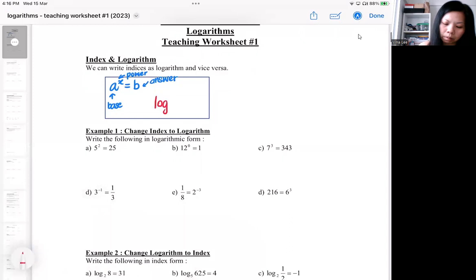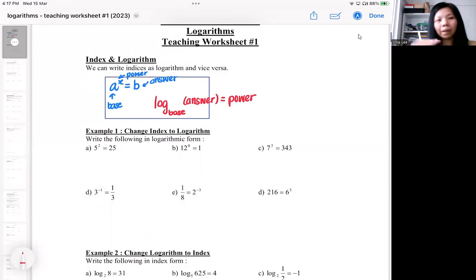Okay, so the base is here, the answer is here, and the power is here. So it's something like this.